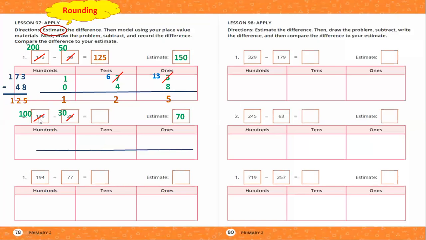The neighbor is, look at the tens digit, 4. So does 4 go to next door? No, 4 stays in the same door because it's less than 5. So 148 is estimated to 100. Okay, Salah? You understand the first number?